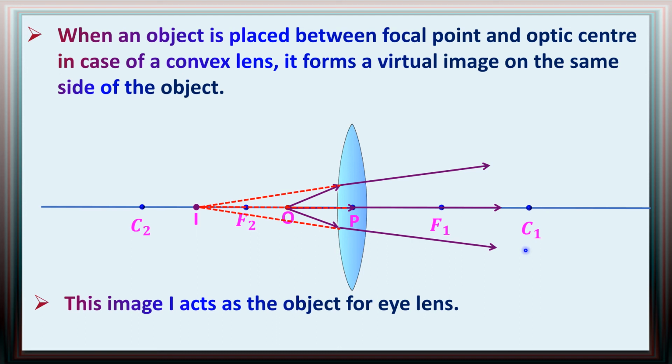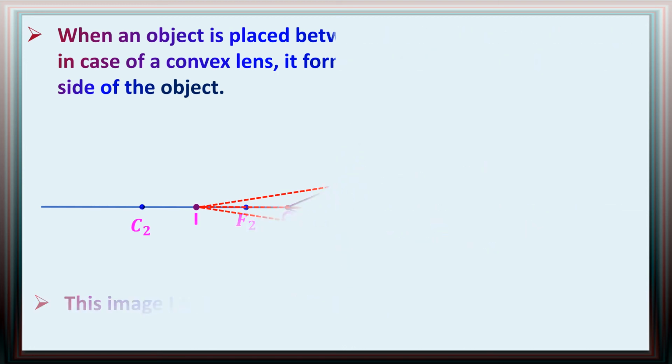So let us correct the hypermetropia by using this lens. Now I am going to correct the defect of hypermetropia by using the convex lens.